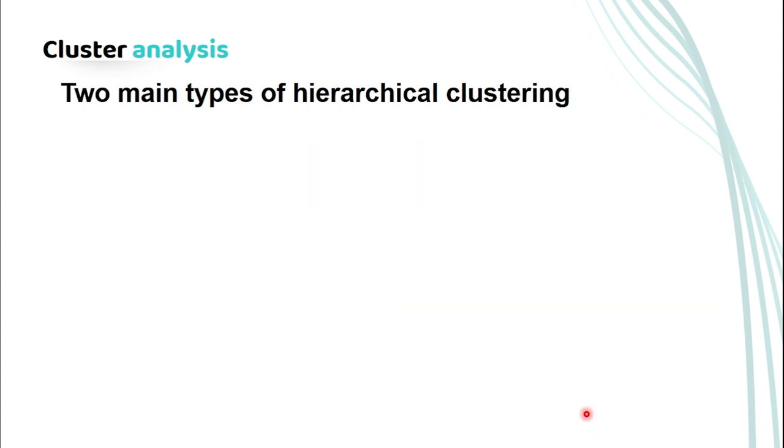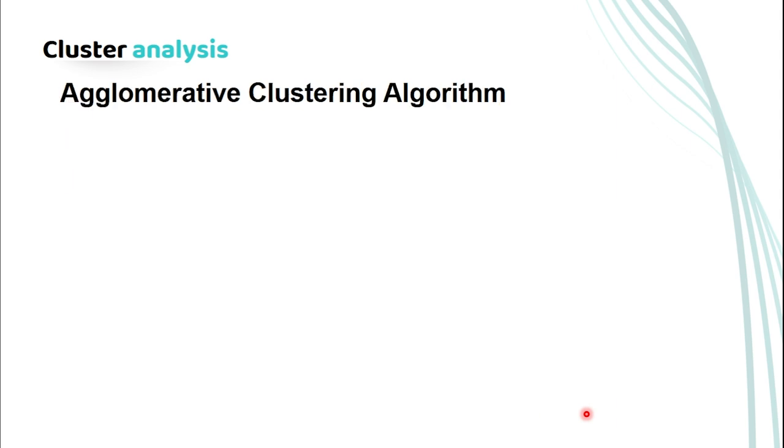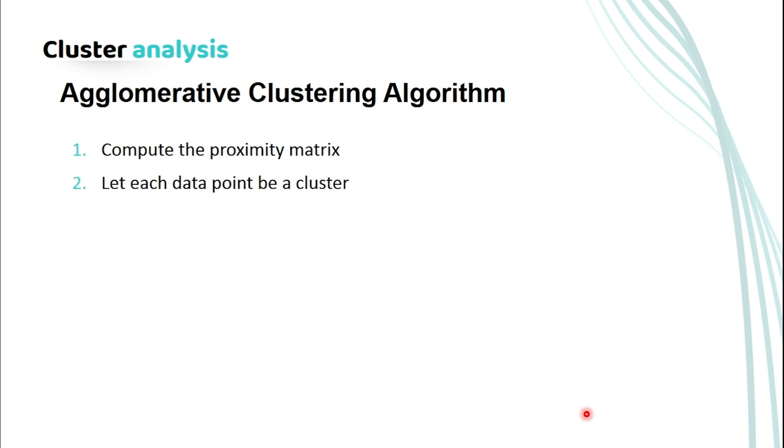There are two main types of hierarchical clustering: one is agglomerative and another is divisive. Let's discuss the agglomerative clustering algorithm. We compute the proximity matrix, and at first we let each data point be a cluster.